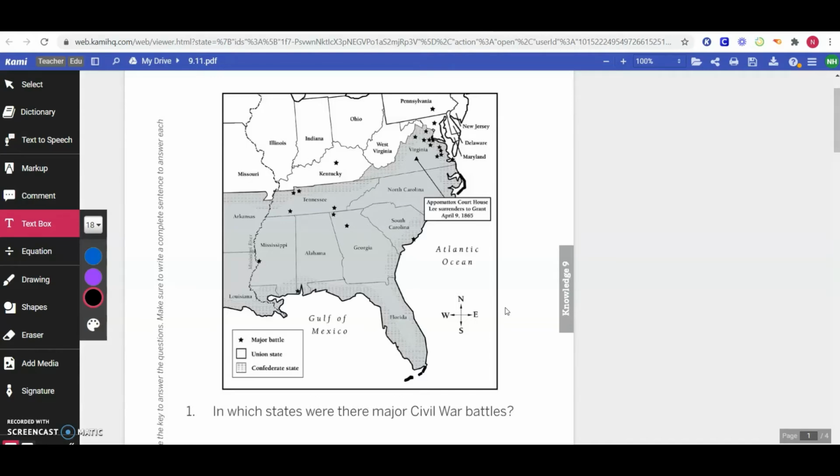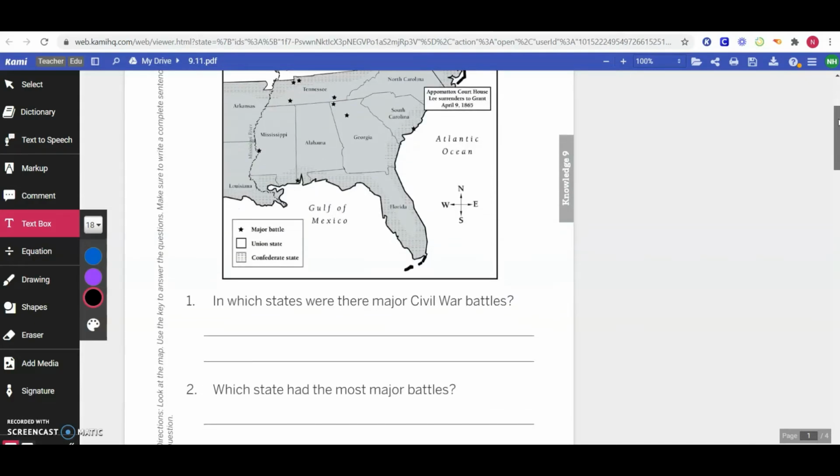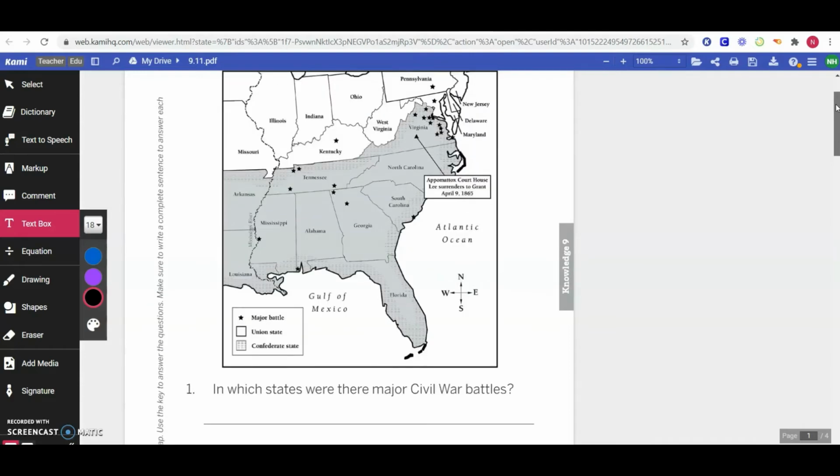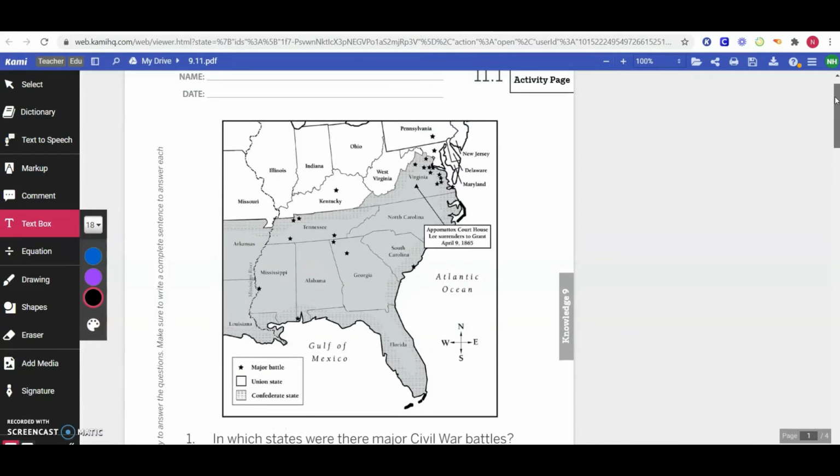We are going to use our map, our legend, and the information provided to answer the following three questions. The first one says, in which states were there major Civil War battles?